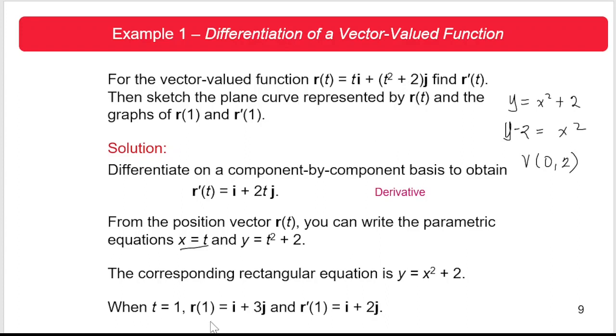So when t is equal to 1, r of 1 is i plus 3j. And the first derivative of r of t, where t is equal to 1, is i plus 2t, but because your t is 1, 2 times 1 is 2, so you have 2j. So the first derivative of r of t at t equals 1 is i plus 2j.